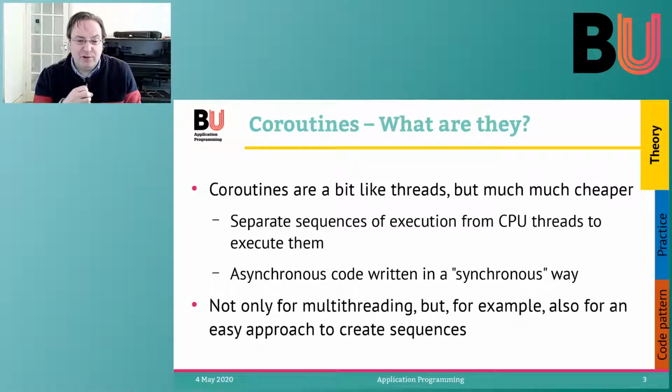But you can use coroutines not only for multi-threading, there's actually also an easy approach to use them to create sequences of stuff. Hopefully I will show an example of how that is implemented.